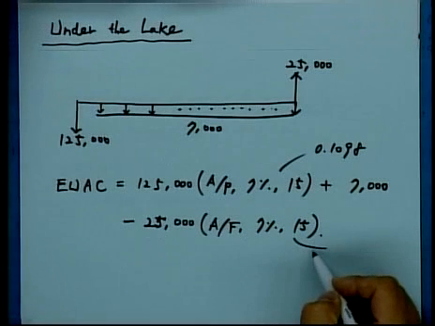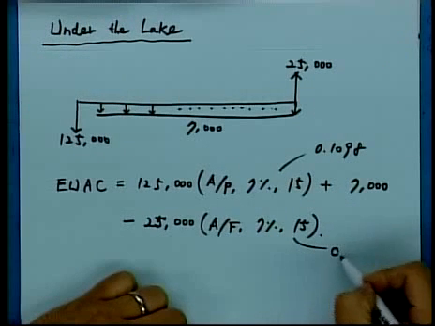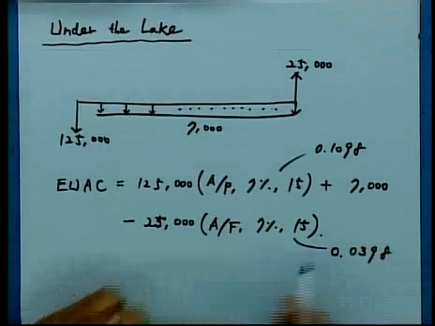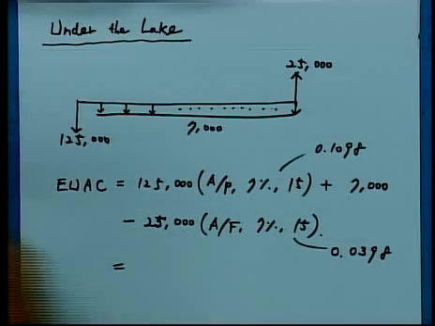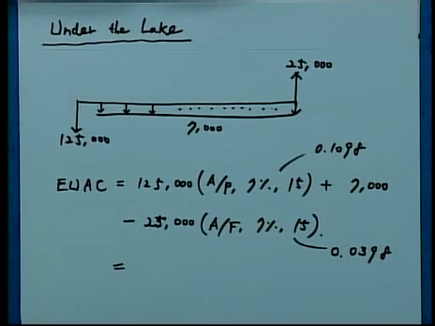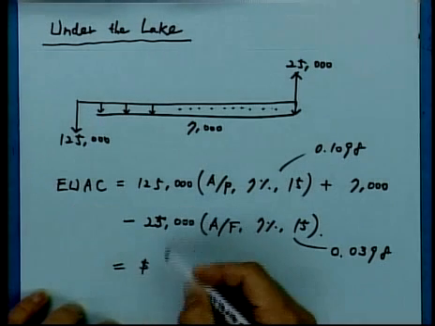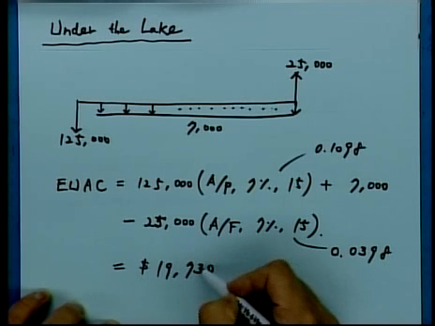A given F over 15 periods is 0.0398. So how much is this? That is $19,730.